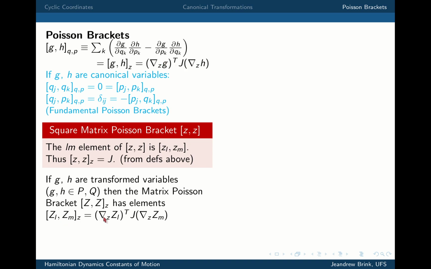So it's the gradient of big Z_l with respect to little z, basically the row vector, times J, which is that matrix that we defined earlier with zero matrices on the diagonal, and then identity and minus identity on the off diagonal. Okay, and it's simply J times the gradient with respect to little z of Z_m.